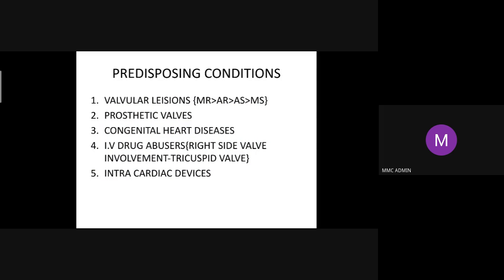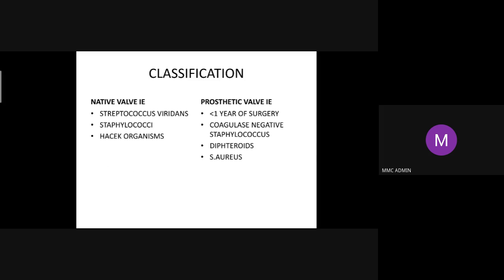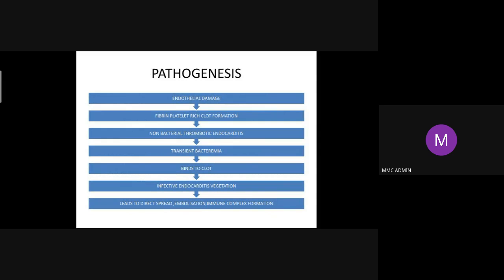Then the predisposing lesions, mainly valvular lesions and IV drug abuse, which make patients more prone to infective endocarditis. Then how we classify infective endocarditis: according to etiology and according to duration. Then we should remember the pathogenesis.